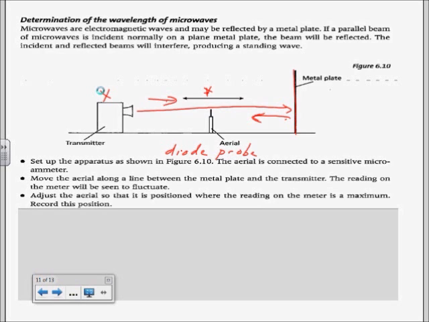And what we'll be able to observe is a series of nodes and antinodes as we move the diode probe along between the transmitter and this reflecting plate. There's one or two other interesting little things to pick up as we do that experiment, and it's referred to also in the assignment where there's a question related to this when you get to it.